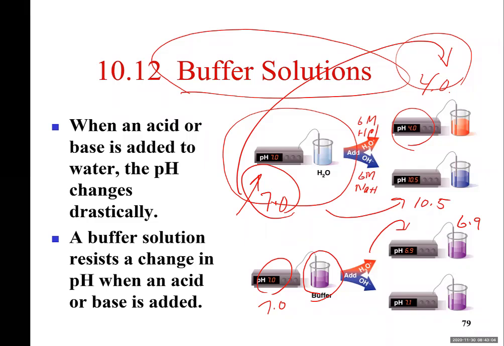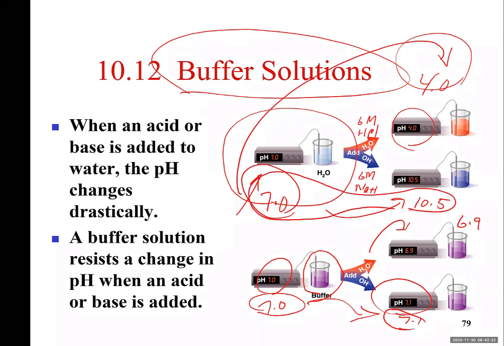The same thing with the base. We are adding 1 drop of the same concentration of the base. pH is changed from 7 to 7.1. We have 0.1 change of pH. If I didn't have the buffer, the change of pH is 3.5.